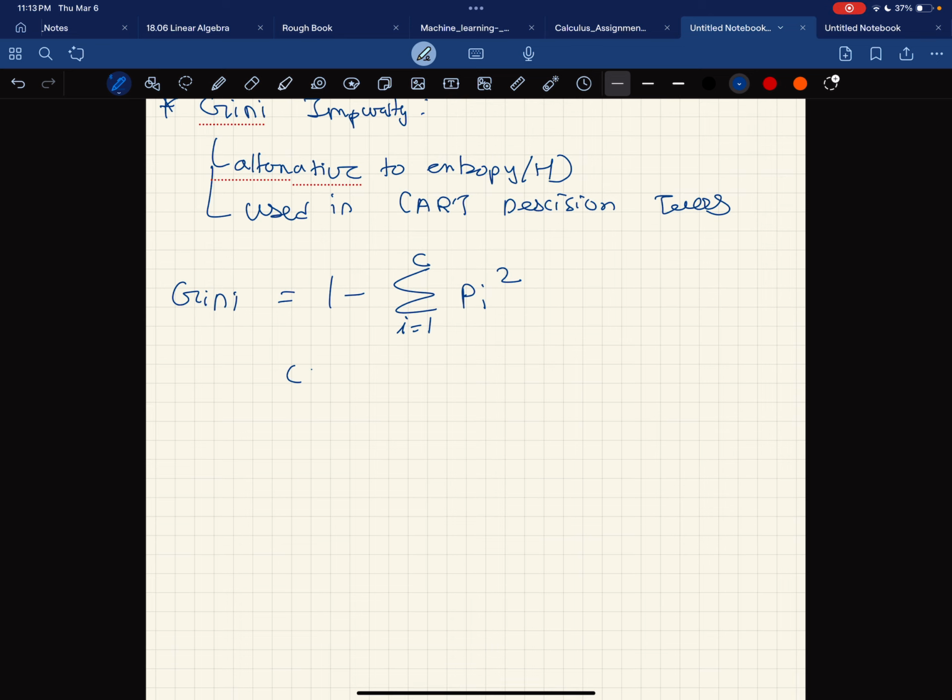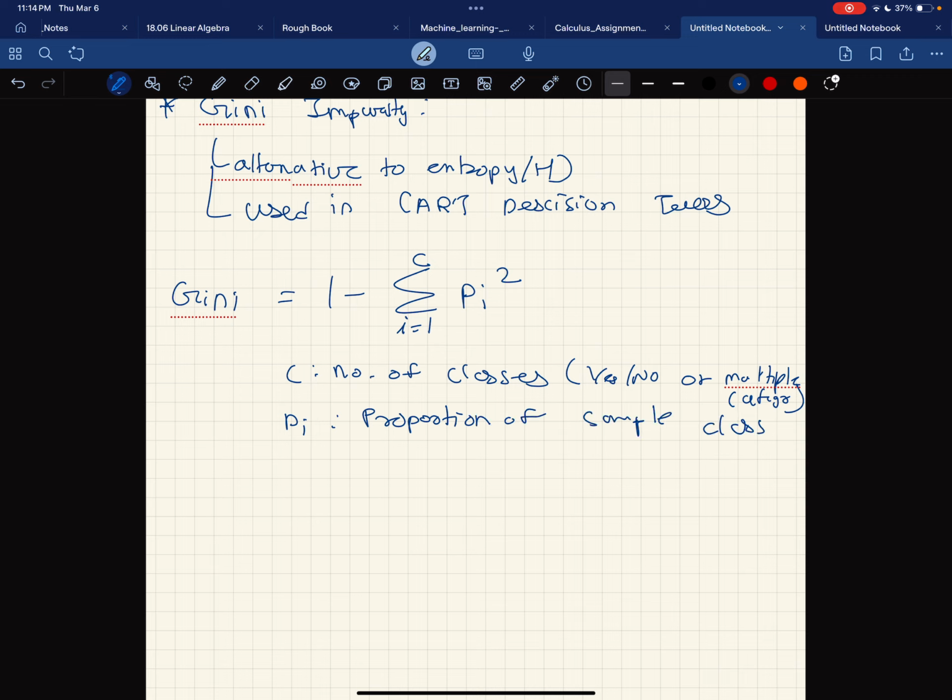Here C represents the number of classes, for example yes, no, or multiple categories, and pi represents the proportion of samples of class i. I will try to keep annotations in a similar manner to avoid confusion. I'll try my best.